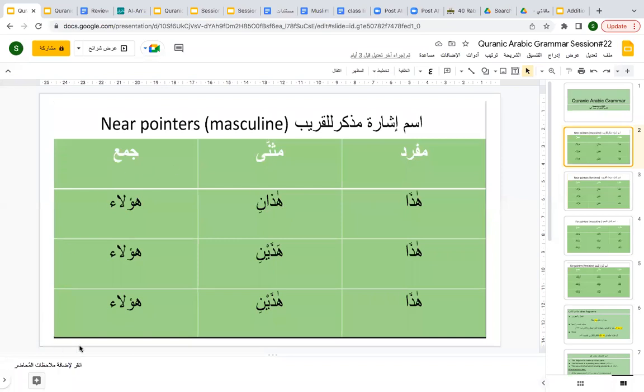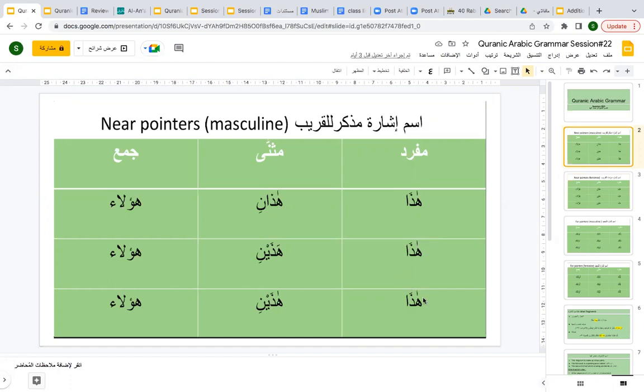What about haulai? In terms of flexibility, it's again the same. However, when I am making a table like this for you, there's a reason behind it. It means that haza can do anything in your verse. Sometimes it is going to be rafa, sometimes nasb, sometimes jar in status.